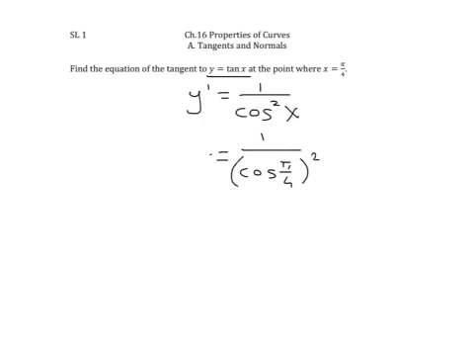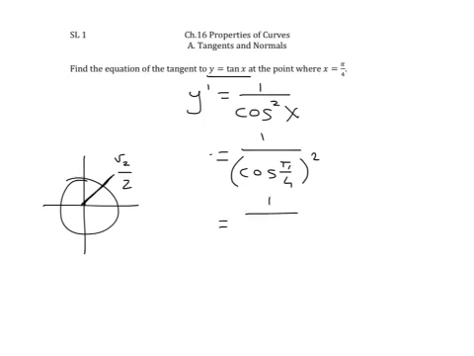Given a circle, pi over 4 is right in the halfway of the first quadrant. The cosine is root 2 over 2. So squaring that, we have 1 over 2 over 4, which is the same thing as 2.